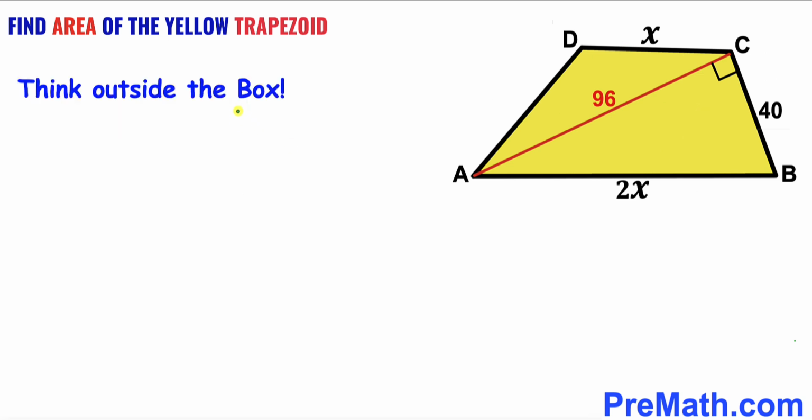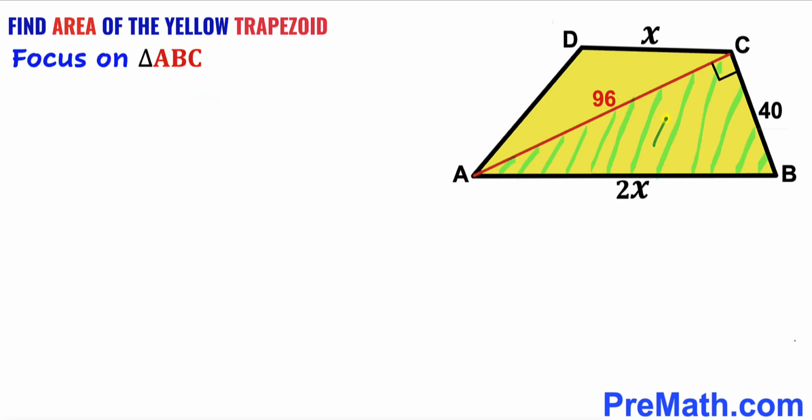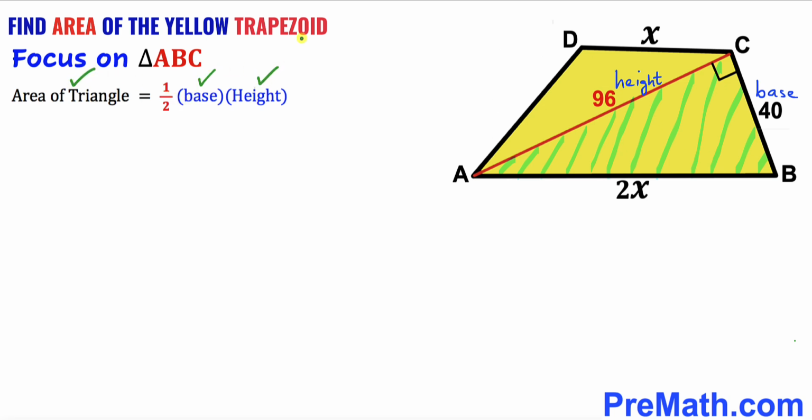So therefore, we are going to think outside the box, and let's focus on this right triangle ABC. And let's recall the area of a triangle formula. Area equals a half times base times height. And our base is 40 and our height is 96.